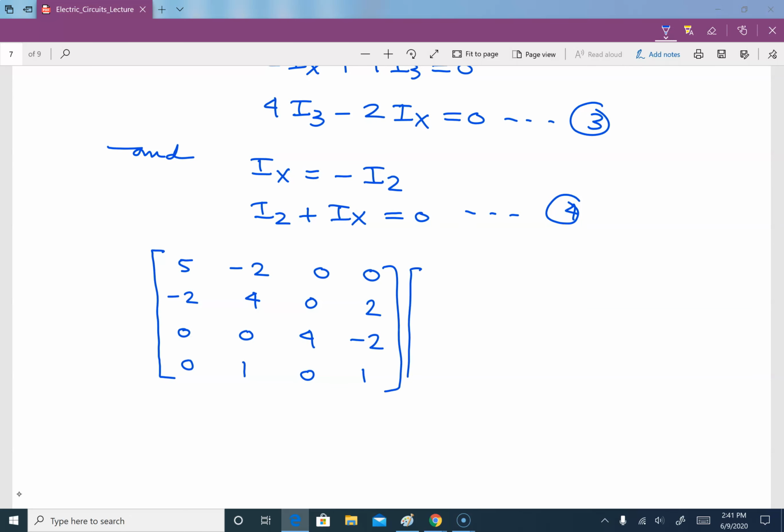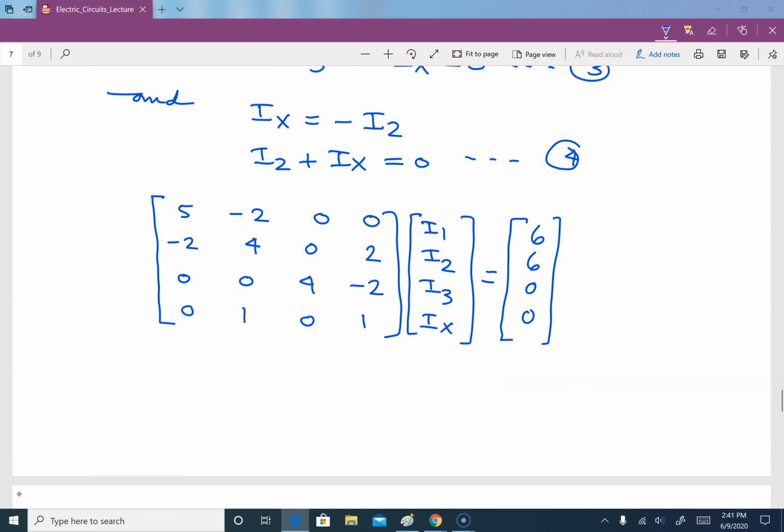And that is multiplied by I1, I2, I3, and Ix. And that is equal to 6, 6, 0, 0.